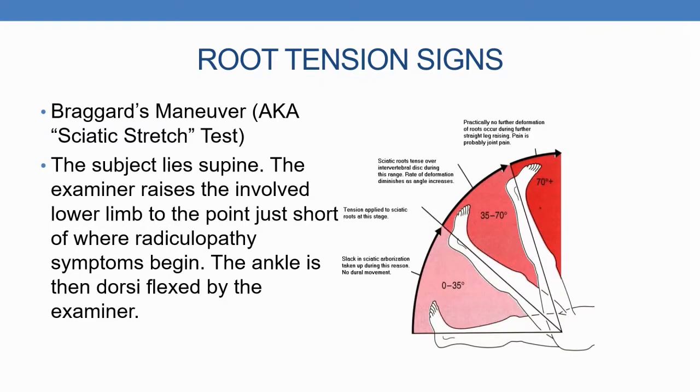Another maneuver that we can use is called Braggard's maneuver, also known as the sciatic stretch test. And similar to the popliteal compression test, your subject lies supine, and again you raise the test limb up to the point at which your examinee reports sciatic nerve distribution of pain, and then you lower the limb just a couple degrees below that point of pain, and the pain will either resolve or the examinee will say that it's significantly less.